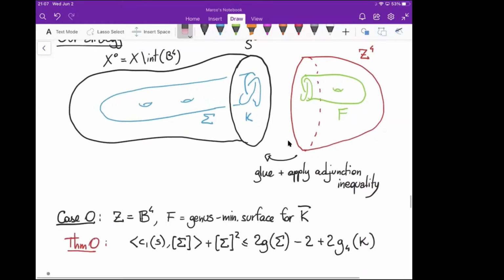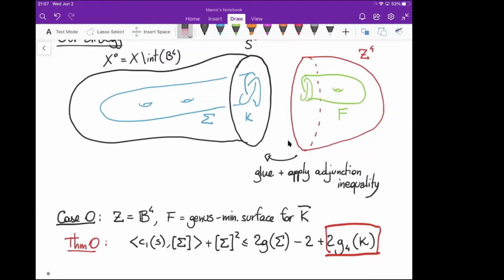And so the result that you get in this case, assuming that X has some non-vanishing Seiberg-Witten invariant or Ozsváth-Szabó invariant, is an adjunction inequality with an extra term at the end given by twice the four-genus of K.